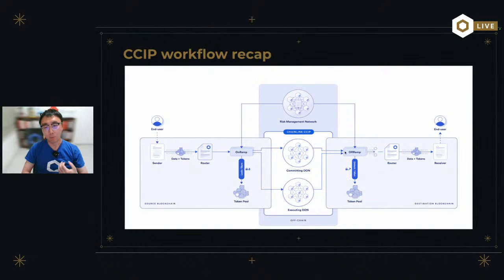Once the data is saved in the commit store, the second layer, the Risk Management Network, will check the commitment in the off-ramp and the commitment in the on-ramp to see if the crypto proof matches. If the crypto proof matches, then the Risk Management Network will give a certification to the commitment in the destination chain to say this commitment, this transaction, is valid.